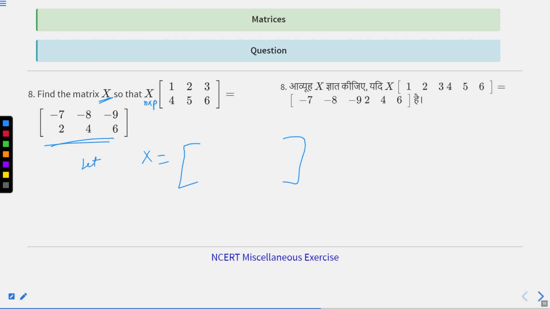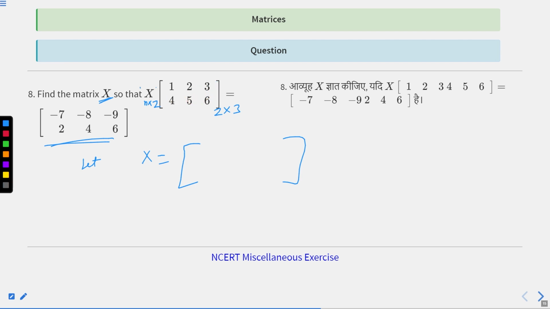As you all know, since X and this matrix are going to be multiplied, the number of columns of X must be the same as the number of rows here. Here we have 2 rows, so p must be 2. This matrix has 2 rows and 3 columns, so its order is 2 cross 3. So far so good.